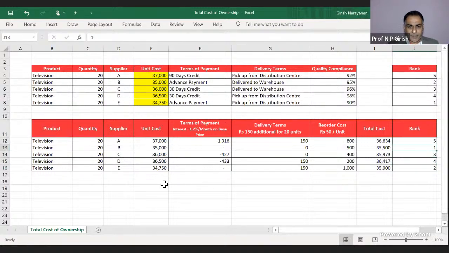Clear? Exactly. C is the closest third. The totals are 35,500, 900, 973. Wow.